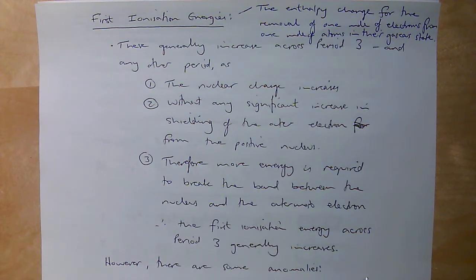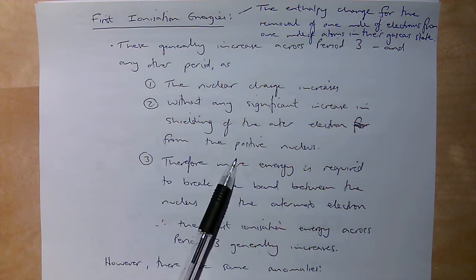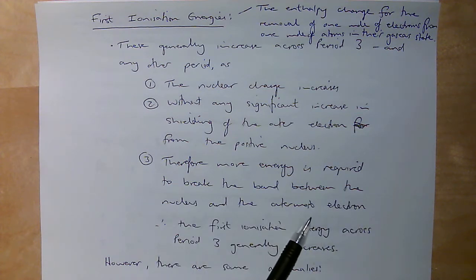But whilst you're going across period 3, there isn't a significant increase in the shielding of the positive nucleus for the outer shell electron. So we've got an increase in nuclear charge without any additional shielding. Therefore, more energy is required to break the bond between the nucleus and the outermost electron. Therefore, the first ionization energy across period 3 generally increases.